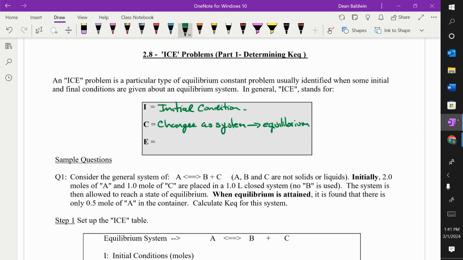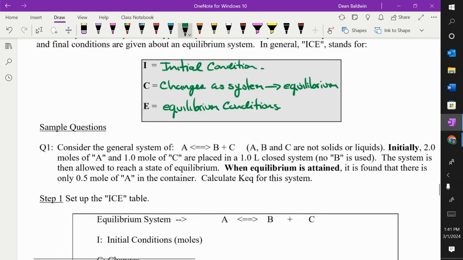And E is the equilibrium conditions. I'm hesitant to say concentrations because they're not always given to you in concentrations. So it's initially what you have. C is the change, so there's going to be some sort of addition or subtraction there. And then E is what happens at equilibrium.